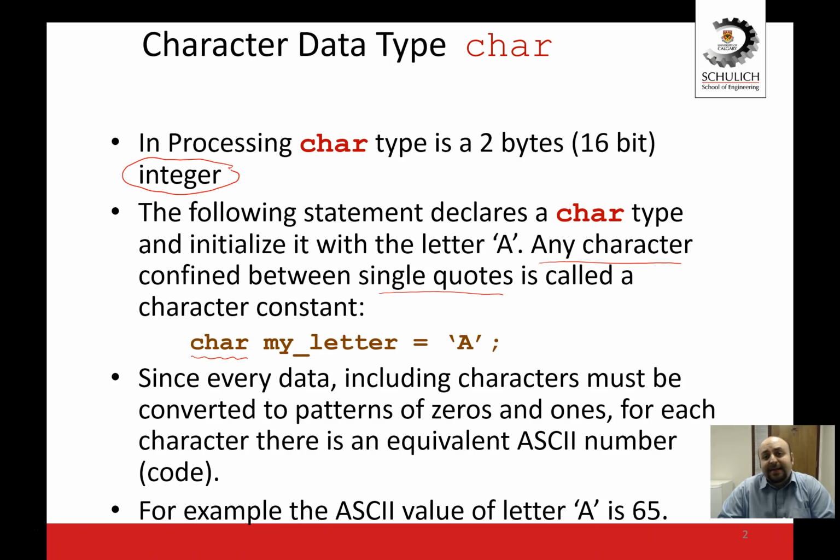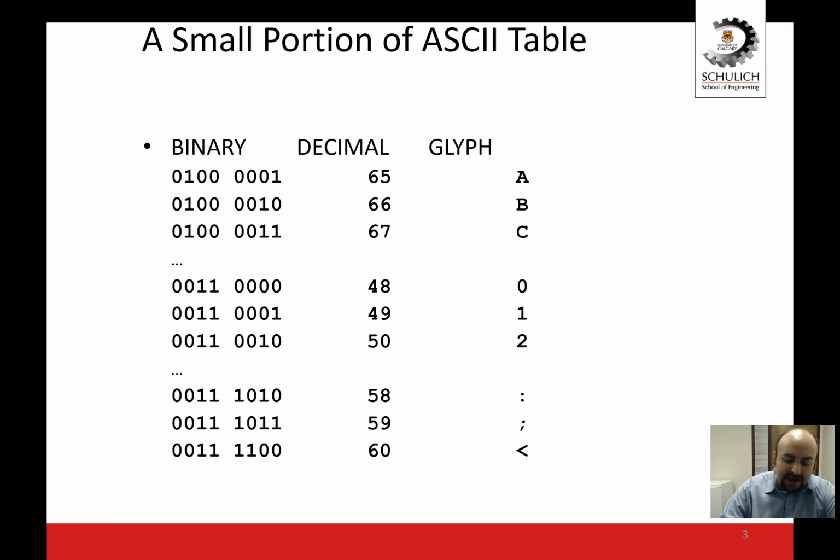They do understand series of zeros and ones. So if you recall the ASCII table, with the ASCII table, we assign a number to each keyboard character or to each symbol. For instance, A is 65, B is 66, C is assigned 67, and of course each of these numbers is converted to binary.